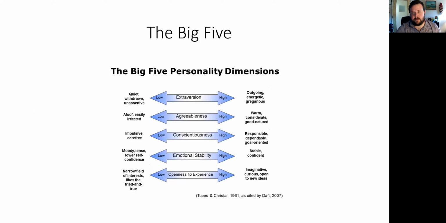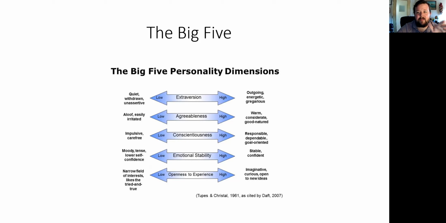Okay. So the next model I want to go over is known as the Big Five. The Big Five is the most modern trait theory component we have. When trait theory was first being researched in laboratories, some trait theorists were essentially going through dictionaries and thesauruses and looking at every way we could describe someone. Since then, with those thousands upon thousands of words, people have been motivated to narrow them into smaller and smaller categories.